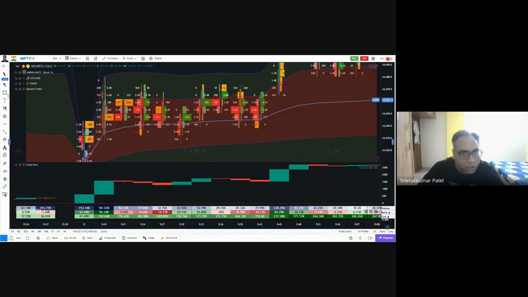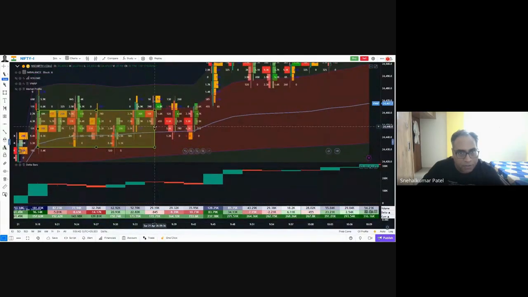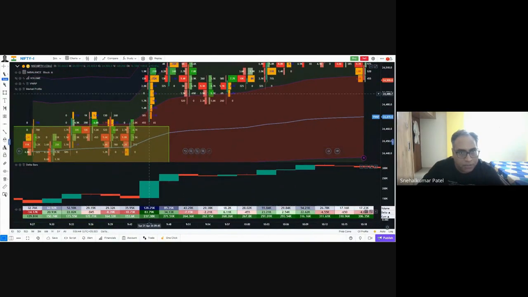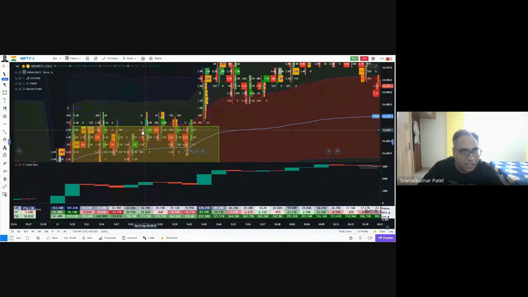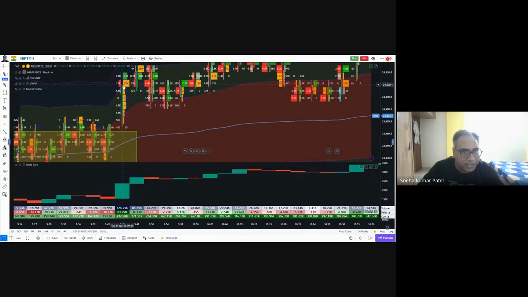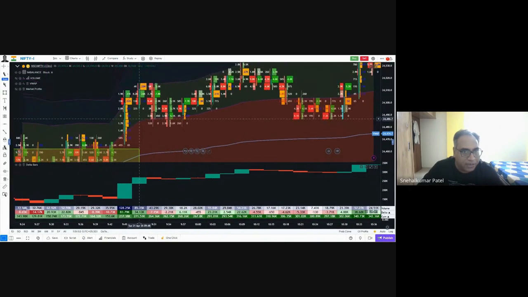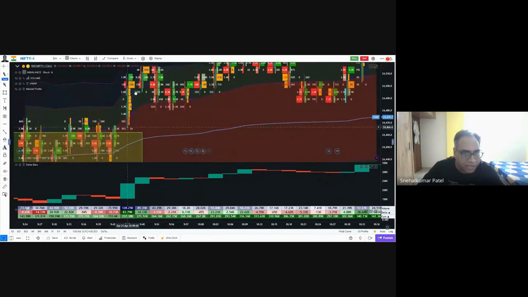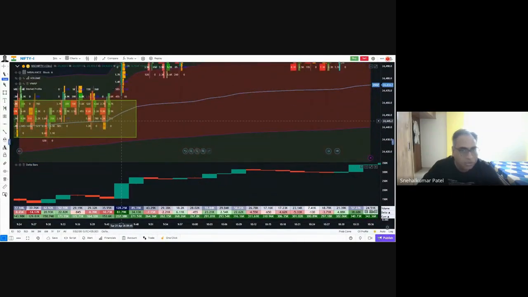So in this zone, the number of sellers is heavy. But then the price moved up. So when the price moved up, these are now the trapped sellers. They can't exit unless they book a loss. So when the price moved, these guys are trapped. So this is called an example of trapped buyers, trapped sellers.